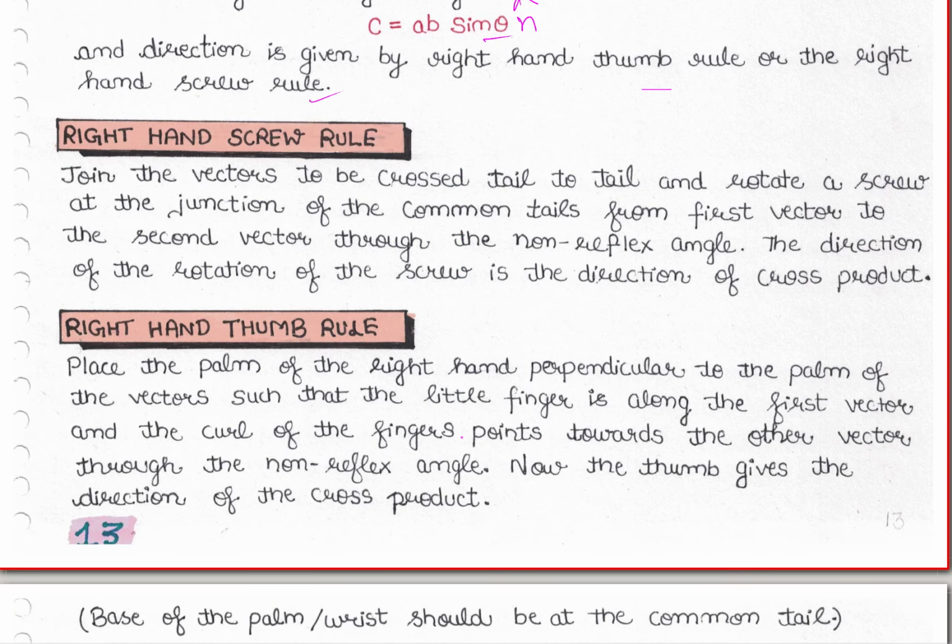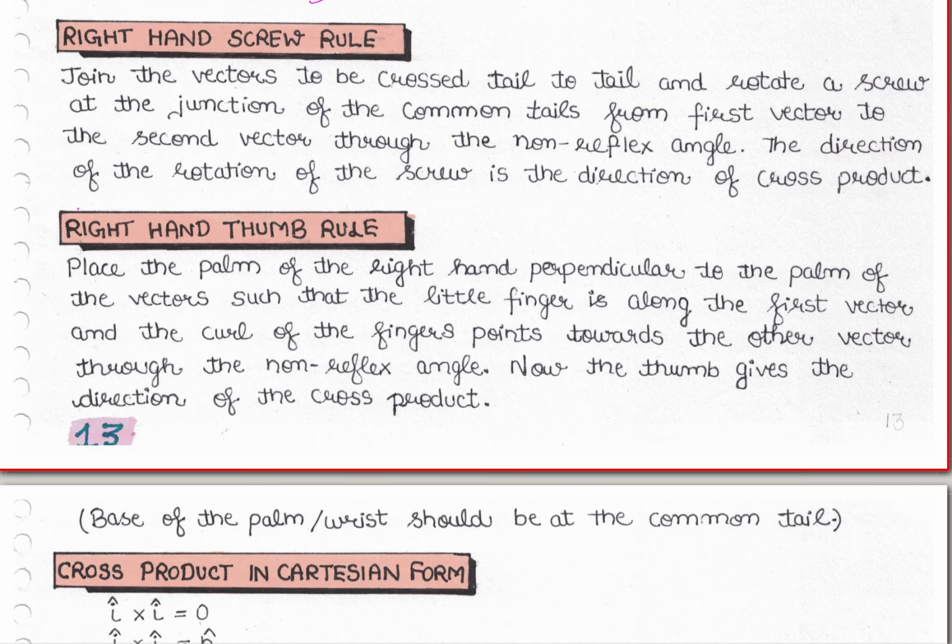So what is right hand screw rule? Join the vectors to be crossed tail to tail and rotate a screw at the junction of the common tails from first vector to the second vector through the non-reflex angle. The direction of the rotation of the screw is the direction of the cross product.